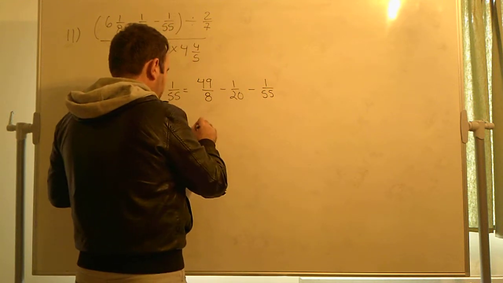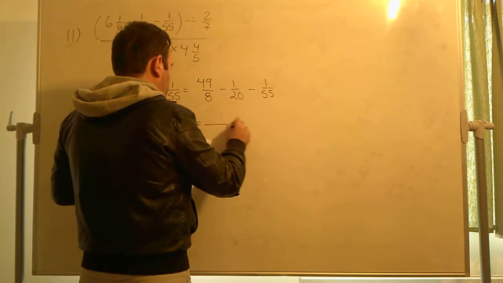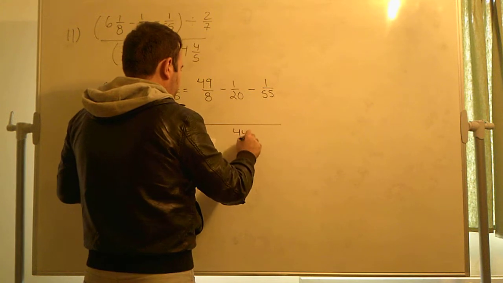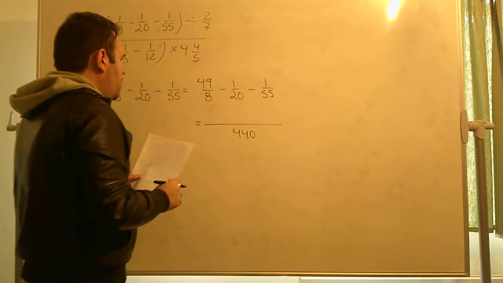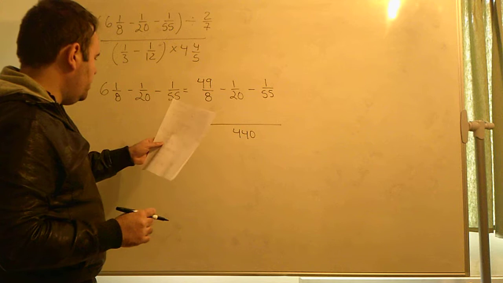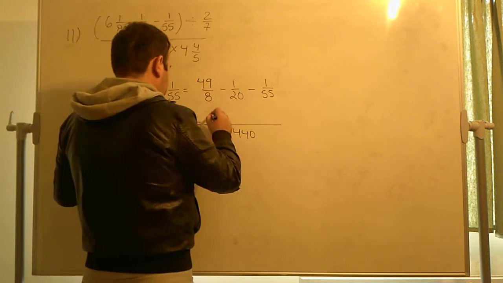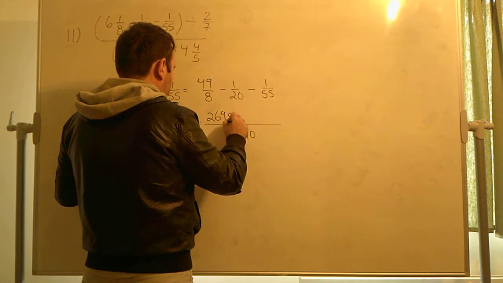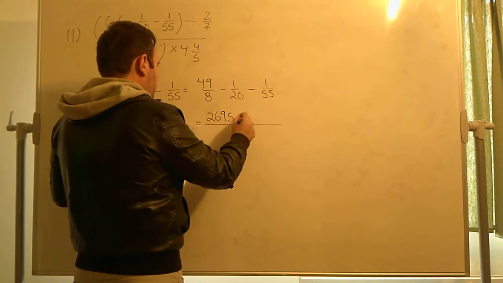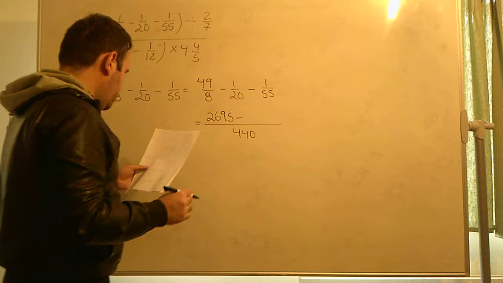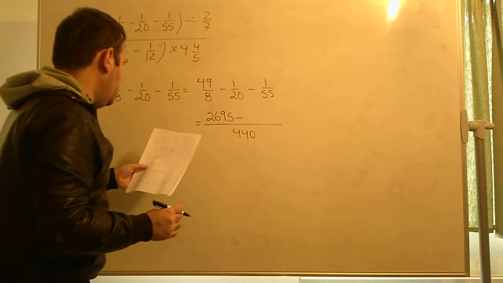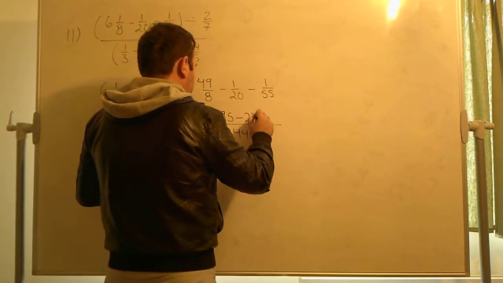Then the least common multiple in this case could be 440. And 440 divided by 8 is 55. Times 49 is 2695. Minus 440 divided by 20 is 22 times 1, 22.